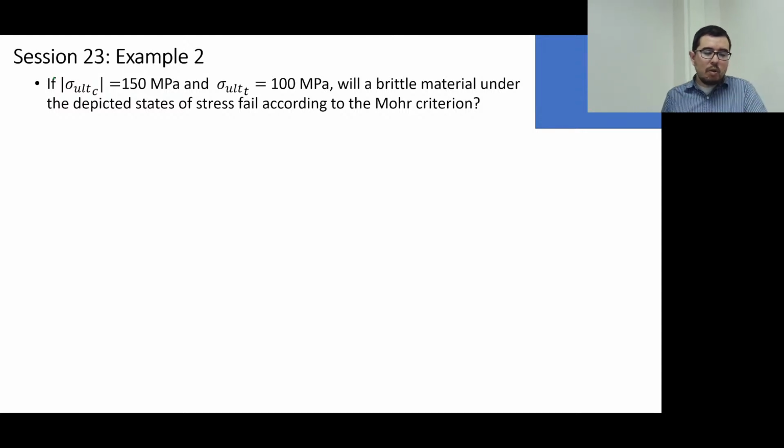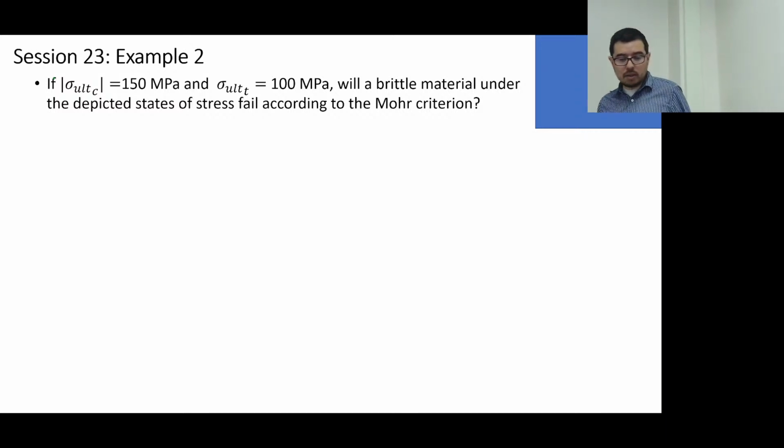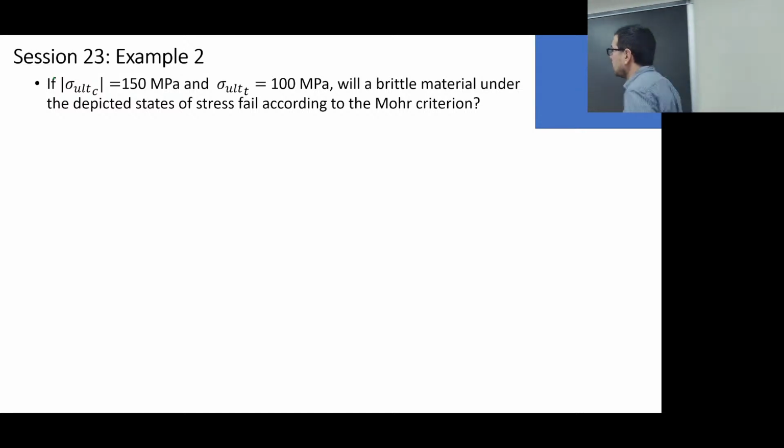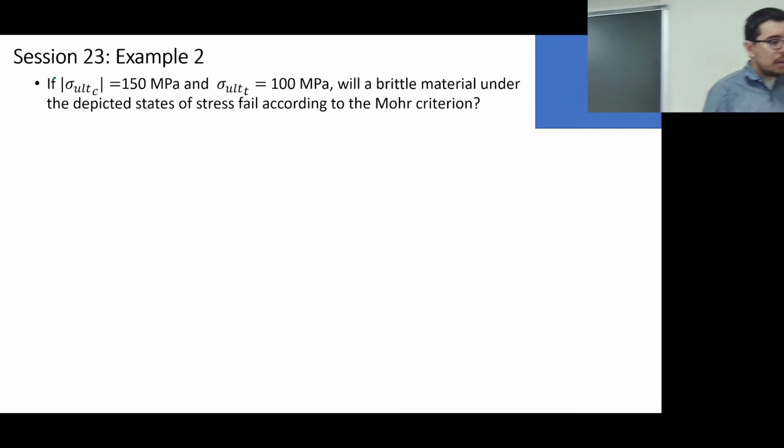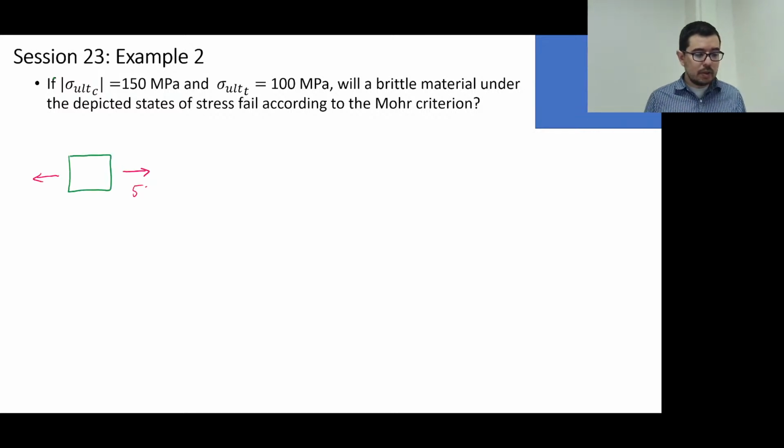So here we go. We have an ultimate compressive strength of negative 150 megapascals, and an ultimate tensile strength of 100 megapascals. It's a brittle material. Now we're going to ask ourselves, is it going to fail? Look, it's our fun 50 megapascals again.